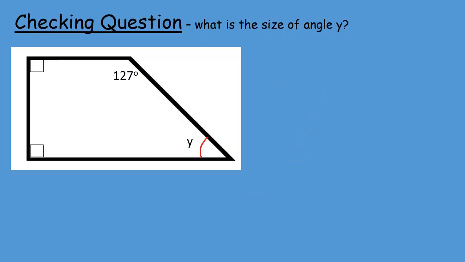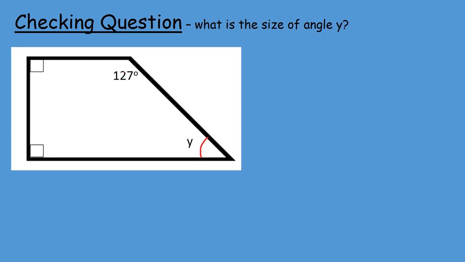So here's our checking question now. So we've got what we call a right angle trapezium. So we've got two right angles here. Okay. And we've got 127 here, and we want to find the angle Y. Okay, so there's 2 ways we could do that.